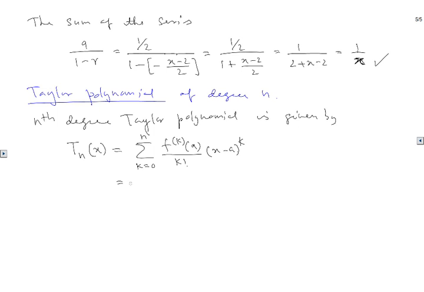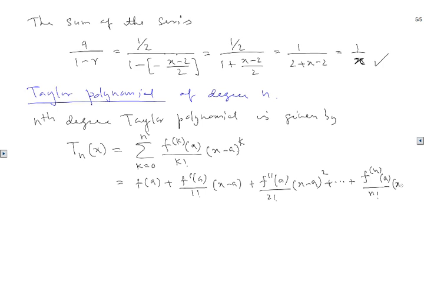If you write a few terms, it's the same thing; you only stop at the nth degree term. So f prime of a divided by 1 factorial times (x minus a), and then f double prime of a divided by 2 factorial times (x minus a) squared, like that. You stop at the nth derivative: f nth derivative evaluated at a divided by n factorial times (x minus a) to the nth power.